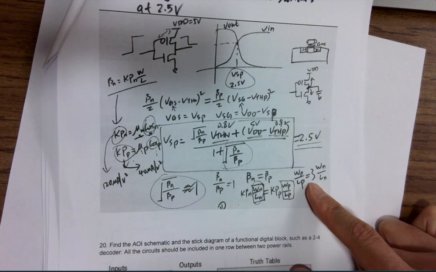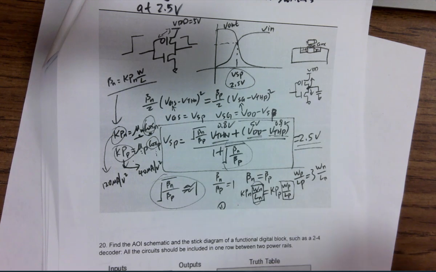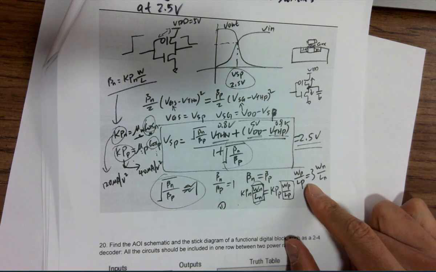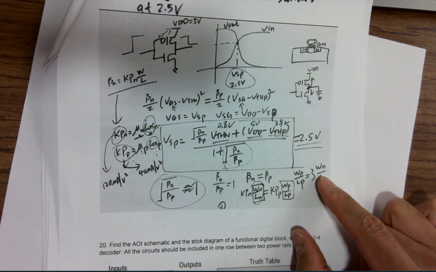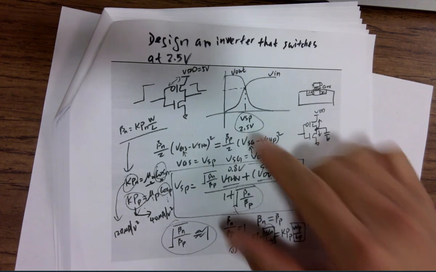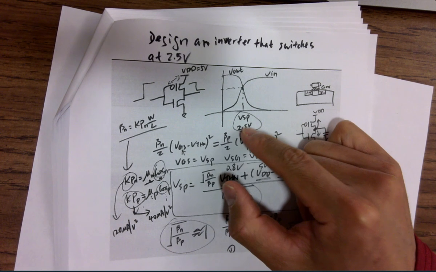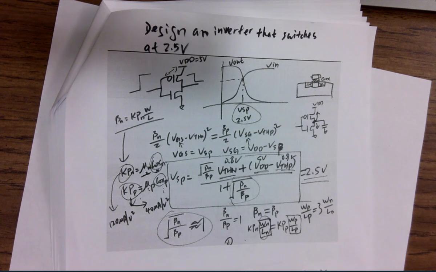From the textbook's model file, we know that the PMOS needs to be 3 times wider than the NMOS in order to switch it in the middle. Because the PMOS have lower mobility. The holes have lower mobility compared to the electrons.